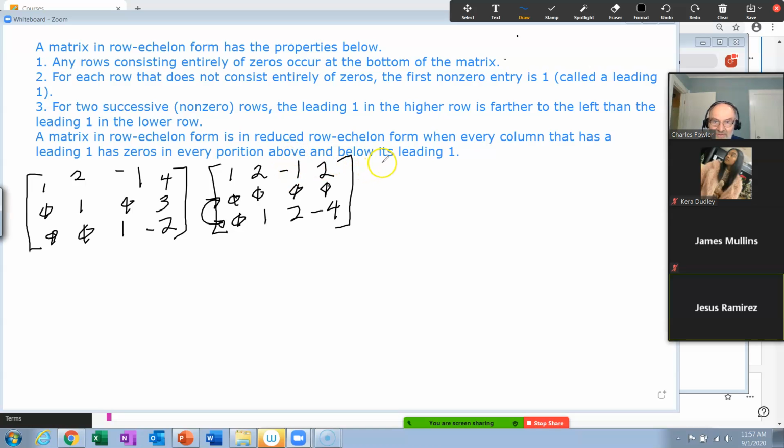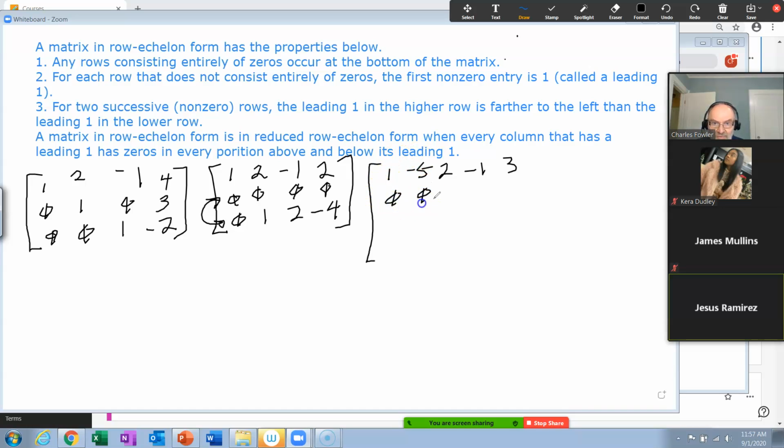Number C. Now C is a lot bigger one. C is 1, -5, 2, -1, 3. Row 2: 0, 0, 1, 3, -2.